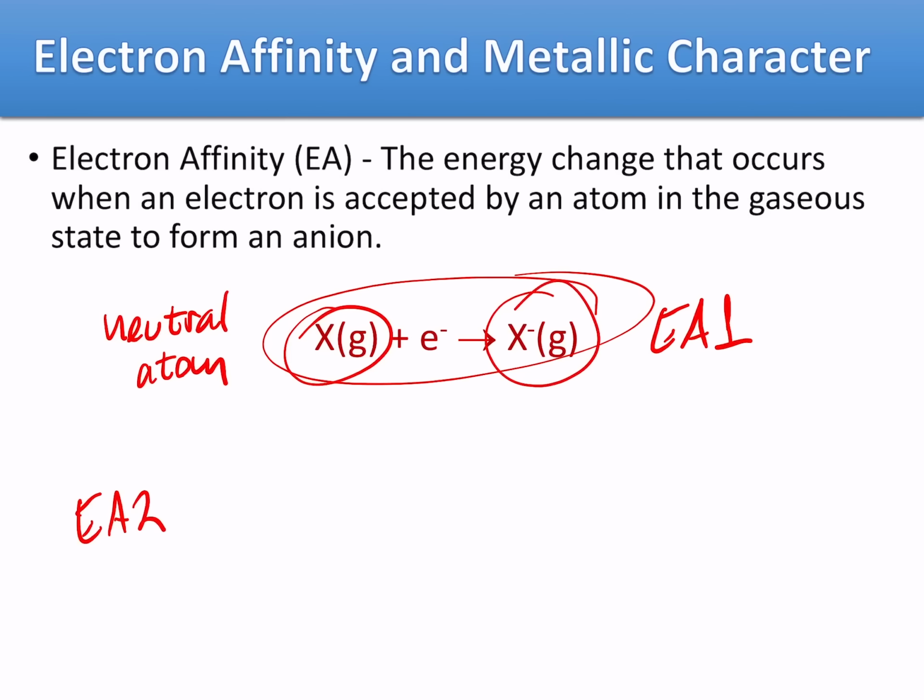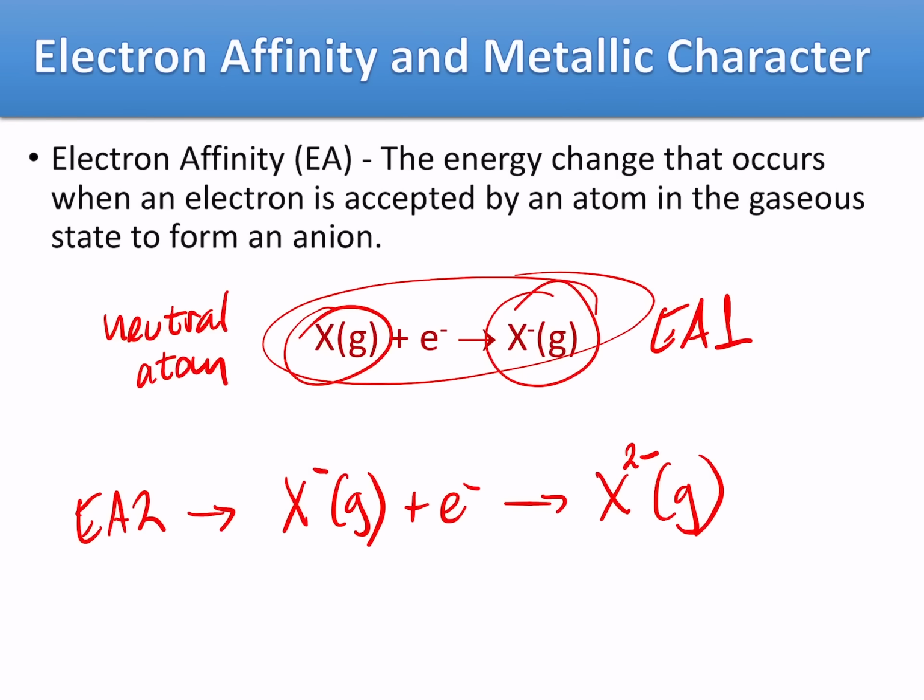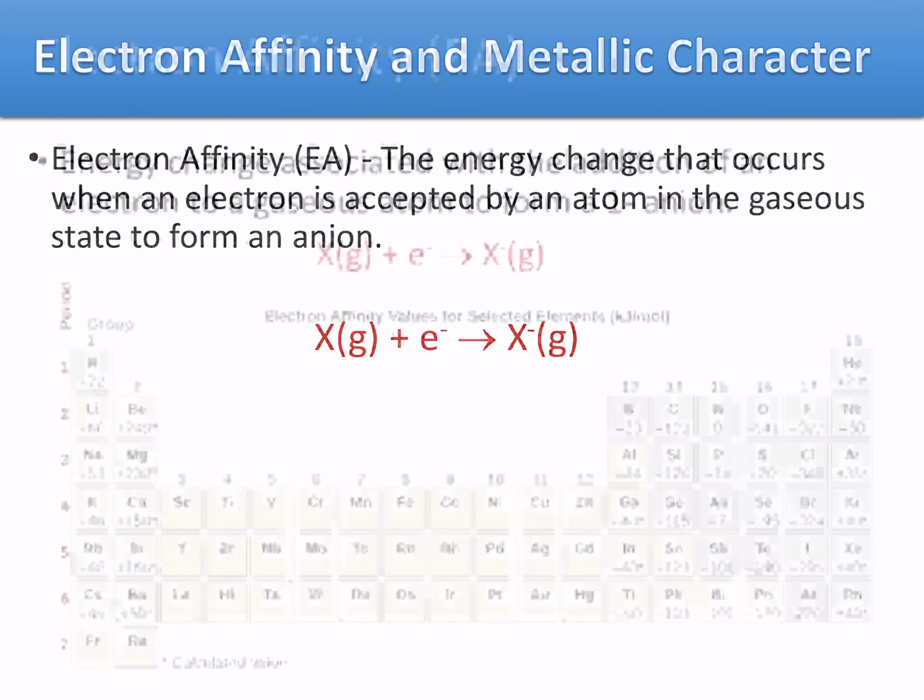So the second electron affinity would start with your anion in the gas phase. This anion gets an additional electron, and you obtain a -2 anion. From here you keep going the same way, adding electrons to the next anion in the count.